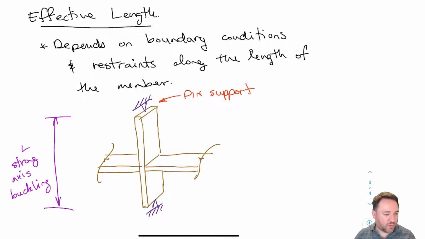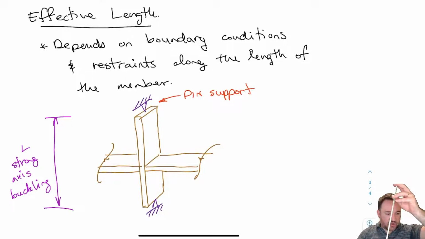Now, if I'm talking about weak axis buckling, I'm assuming that these horizontal members here are not free. They're attached to something else, so they are restraining the movement of that piece. If I have my member in the middle like this, and a piece coming here and a piece coming here, they're preventing that member from moving horizontally at that location. That means that if I put a compression load on this, it can't buckle in the normal way, end to end, because that requires the middle to move.